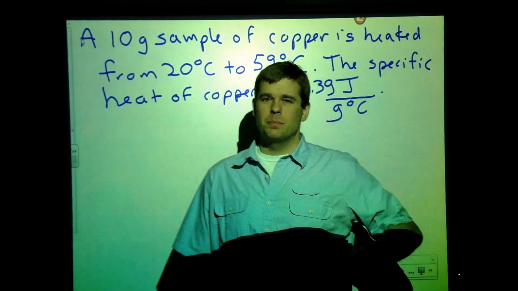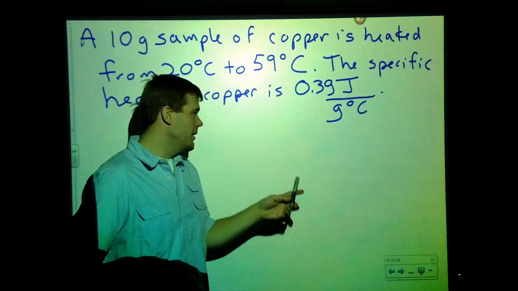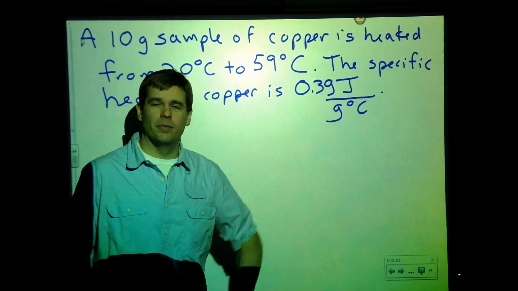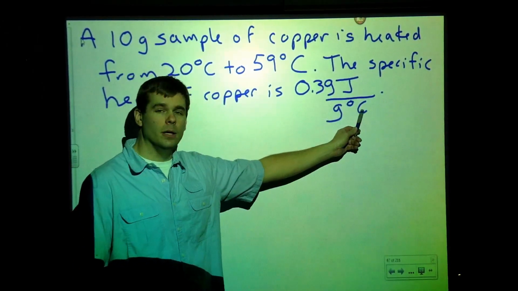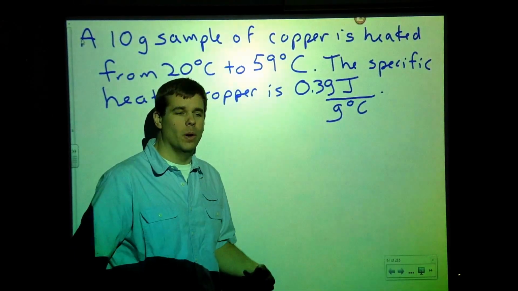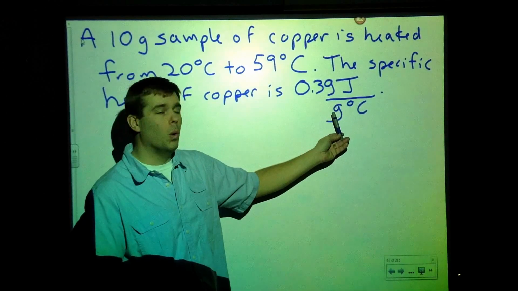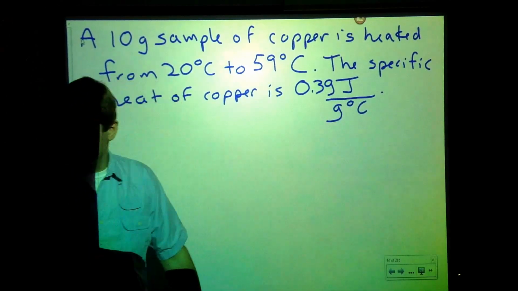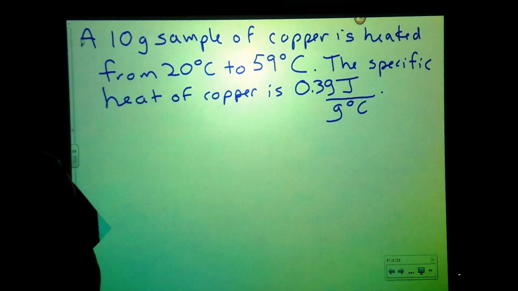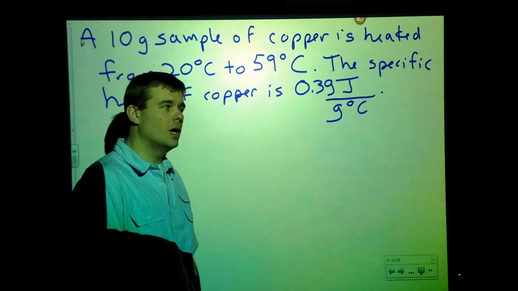It only takes 0.39 joules of energy to change 1 gram of copper by 1 degree, where it takes 4.18 joules to change 1 gram of water 1 degree Celsius. So go ahead, solve the problem.